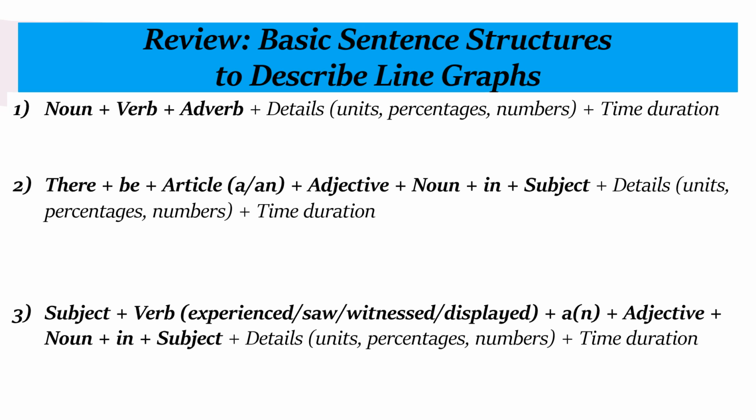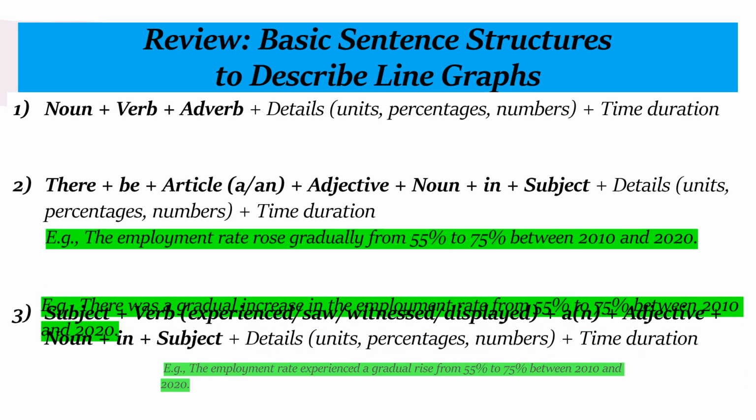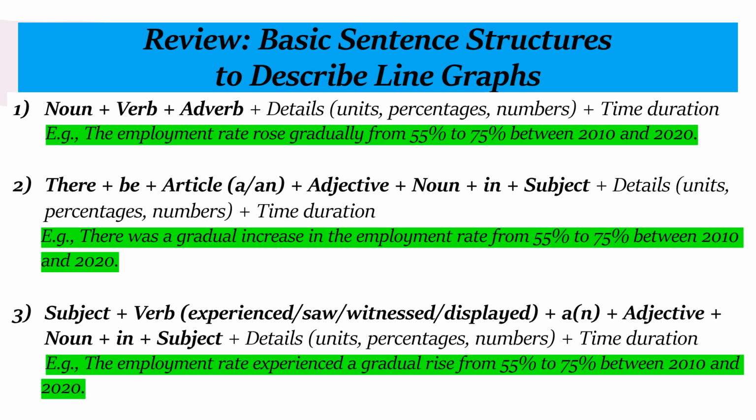Also keep in mind that the time phrase can be positioned either at the beginning or the end of the sentence. Now look at the example sentences to see how the same trend is described using different sentence structures. Practice using these structures and adjust them based on the graph's data. Using a variety of sentence structures can improve your IELTS writing score.